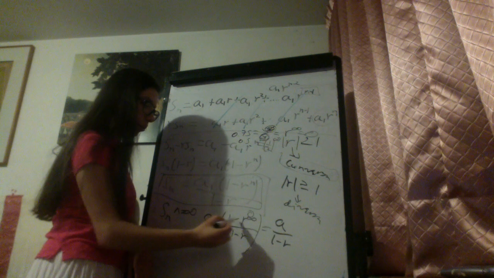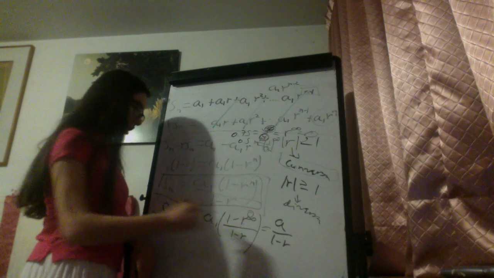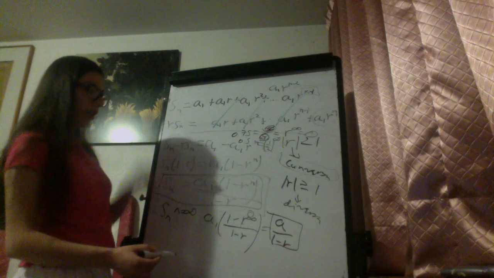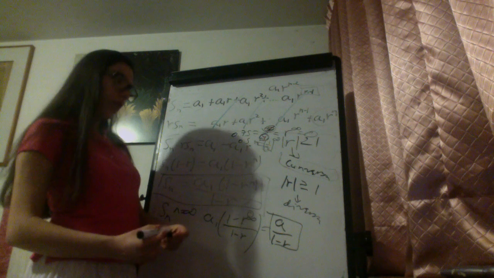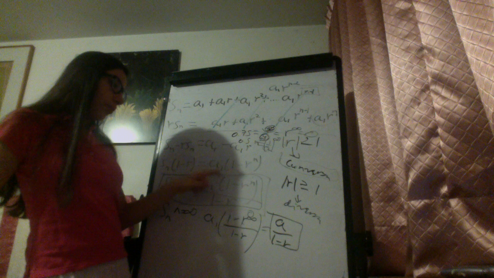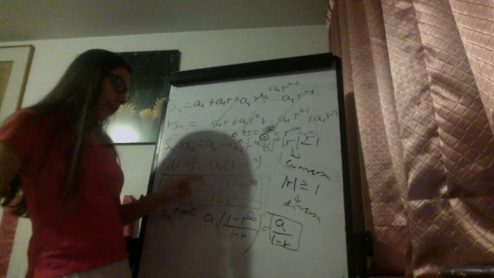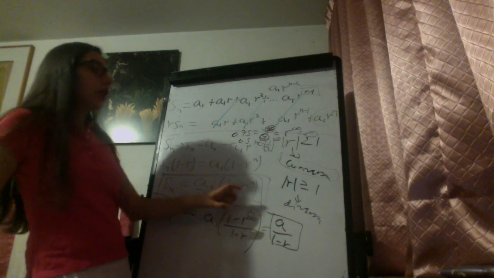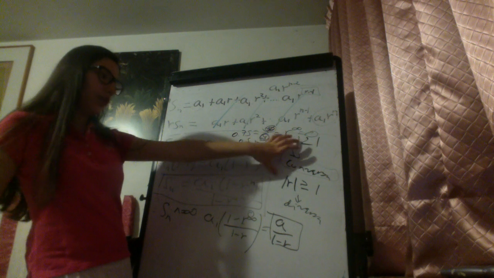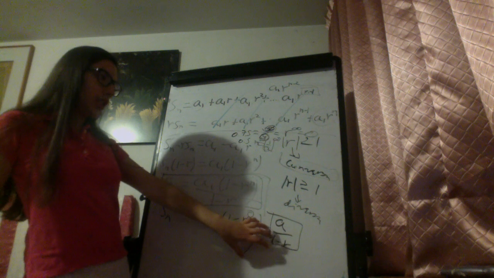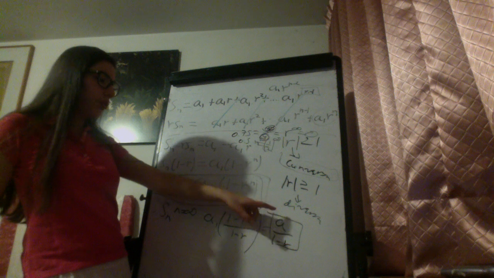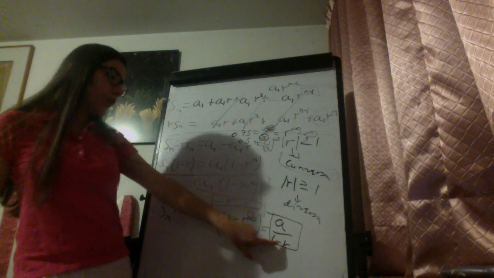So 1 minus 0 is just 1, and the series will converge to the first term divided by 1 minus the common ratio. So how do we calculate this sum? It's the first term times 1 minus the common ratio to the n power divided by 1 minus the common ratio. If the series converges, that is, if the absolute value of r is less than 1, then the value at which the series is converging, or the summation of the infinitely many terms, approaches a divided by 1 minus the common ratio.